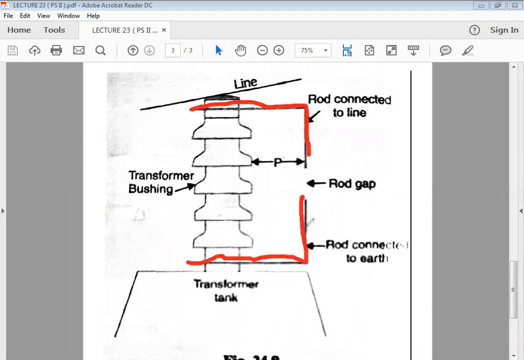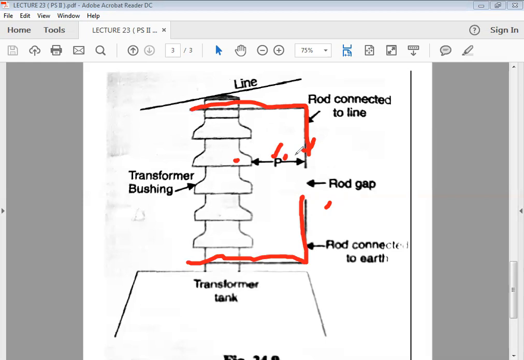These two rods are separated by a certain distance. The distance between the transformer bushing and the rod is P. This is the rod gap. We have to remember that the distance between the bushing and the rod should not be less than one third of the rod gap distance.